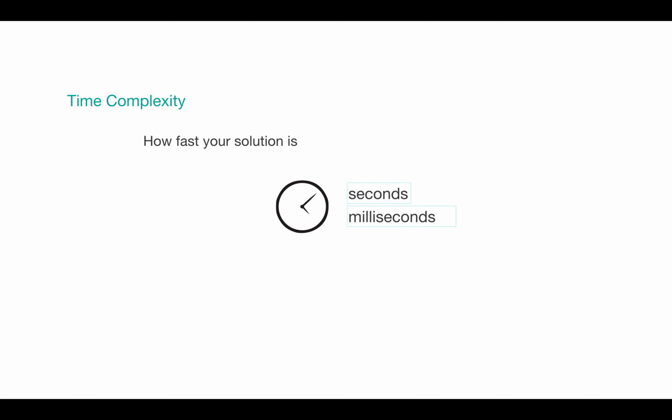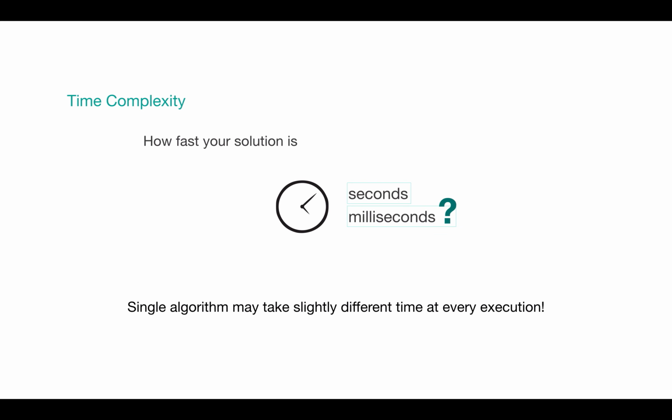Now let's see how we calculate complexity. In the case of time complexity, we check how fast our algorithm can execute. But how can we express it? In seconds? In milliseconds? Well, if you try to compare with time, you may find a single algorithm taking slightly different time at every execution, as there may be a lot going on in our system that may affect the execution time.